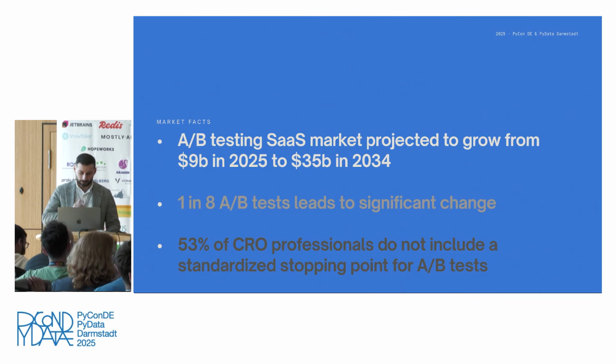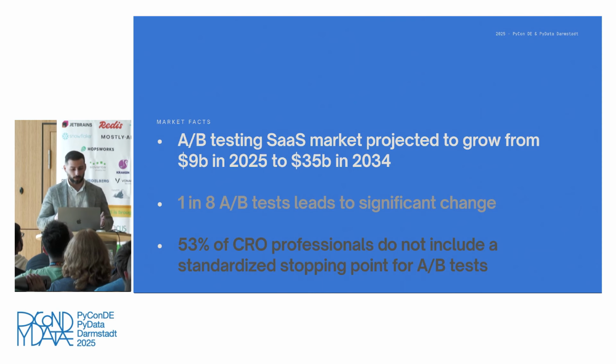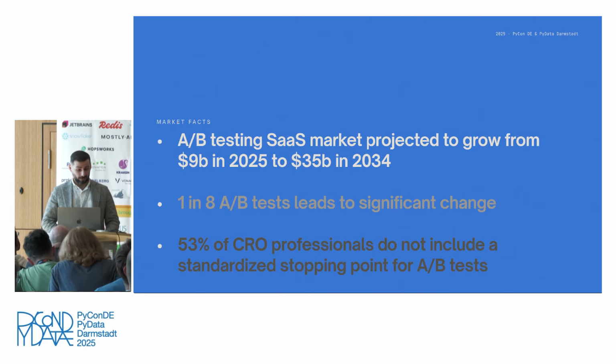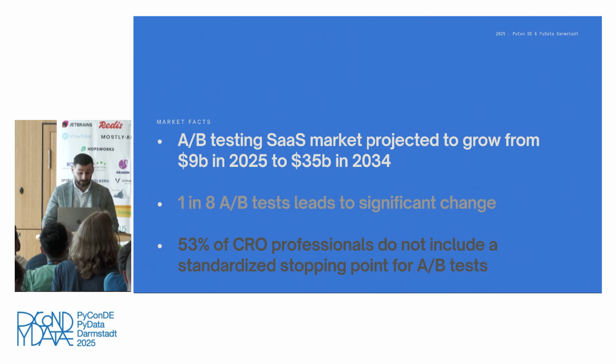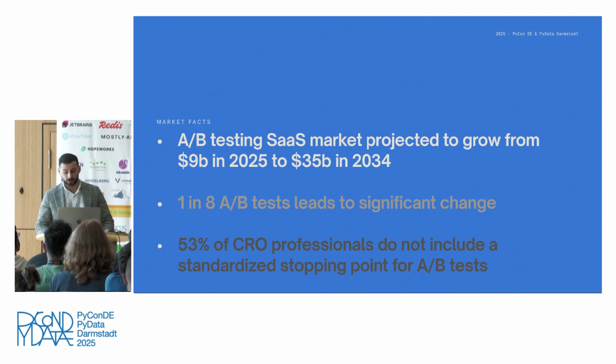Let's move on. So, before I build some intuition about what e-values are or how they work, let's look at some market facts. The A/B testing market has a projected growth rate of about 15% per year until 2034. We see that about 1 in 8 A/B tests leads to significant change, but many of you are probably statisticians. That does not say anything about the other 7 out of 8 tests.